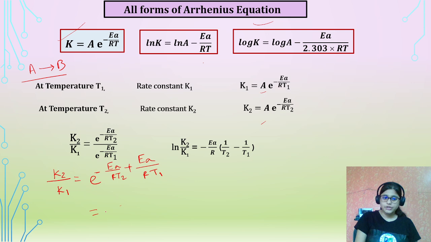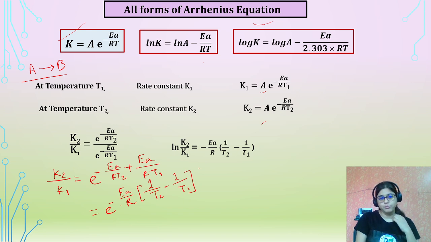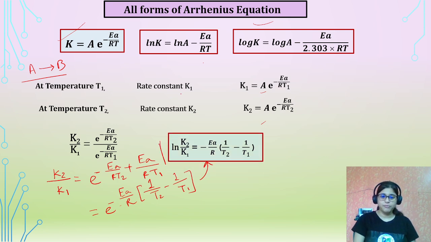Fine, it will be minus Ea by R, we can take common, 1 by T2 minus 1 by T1. Now if we take log both sides, then we will go to this equation. Fine, this is an important equation, please look into this.